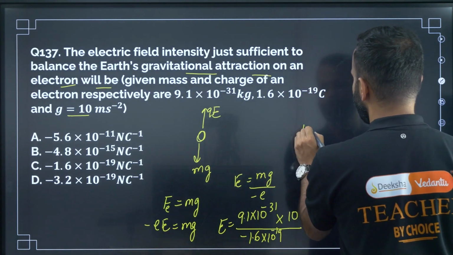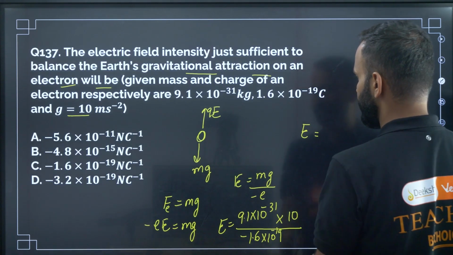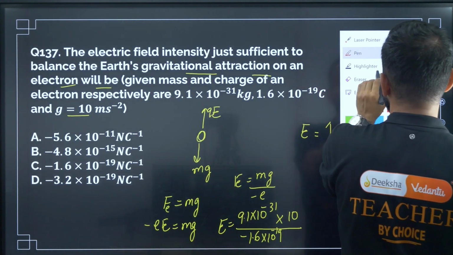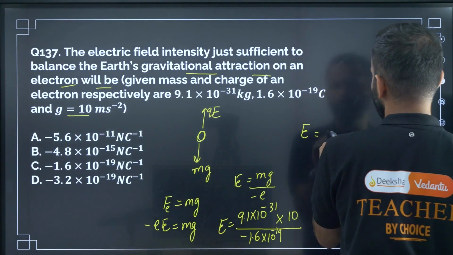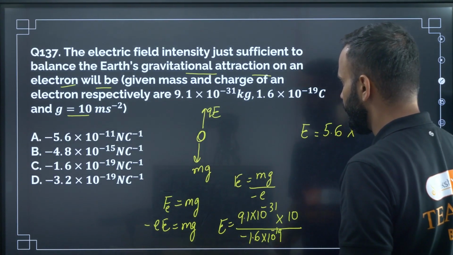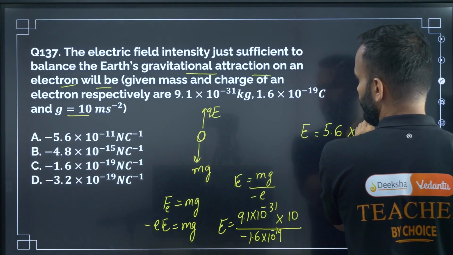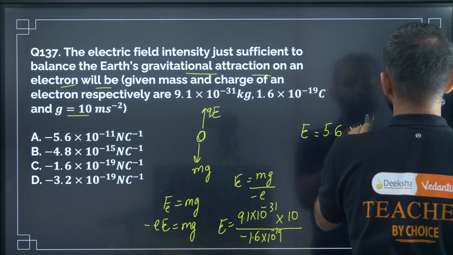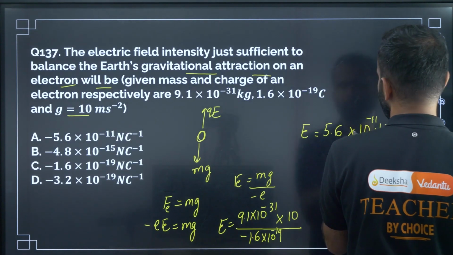Now, 9.1 divided by 1.6, sorry, is 5.6. So E is 5.6 into 10 to the power minus 11 Newton per Coulomb.